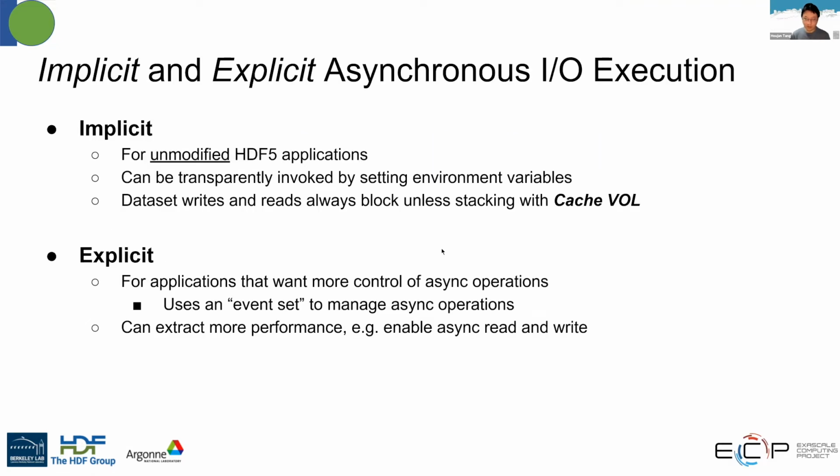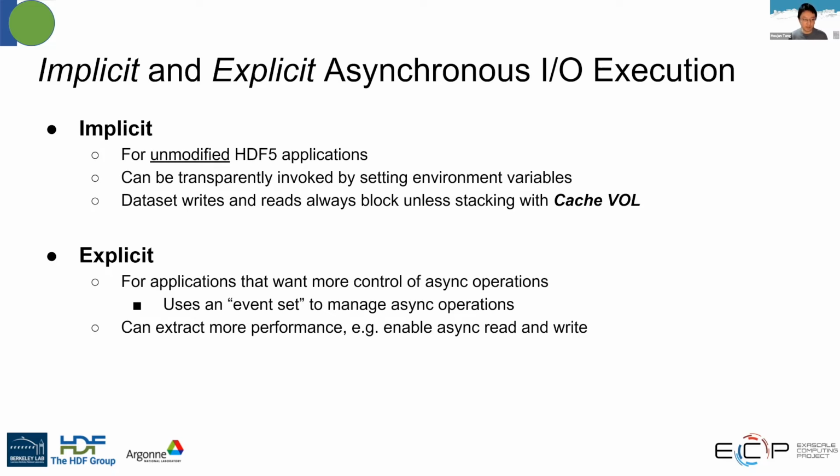In the async VOL, there are two modes: one is called implicit and the other is called explicit. Implicit mode is for unmodified HDF5 applications. The application does not need to change anything in its code. They just need to specify the environment variables to enable the async VOL. However, there are a number of limitations with this mode.